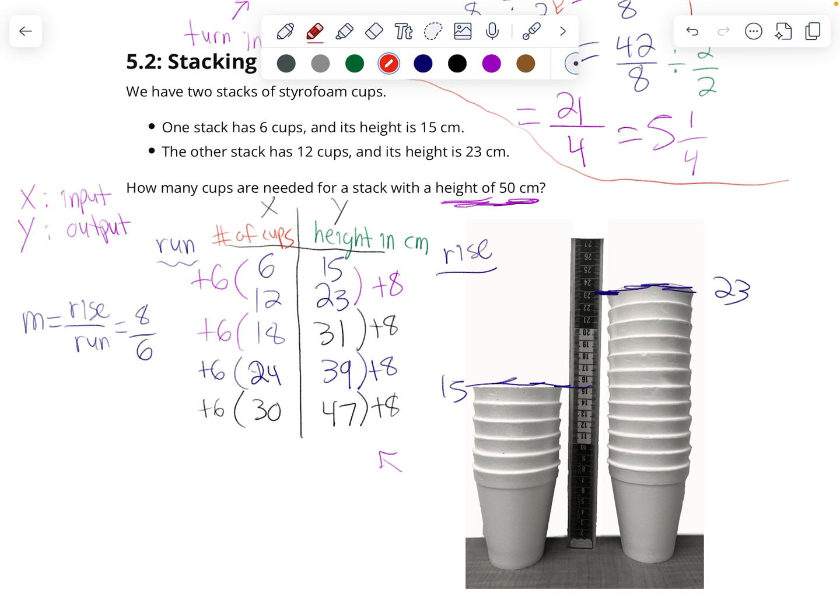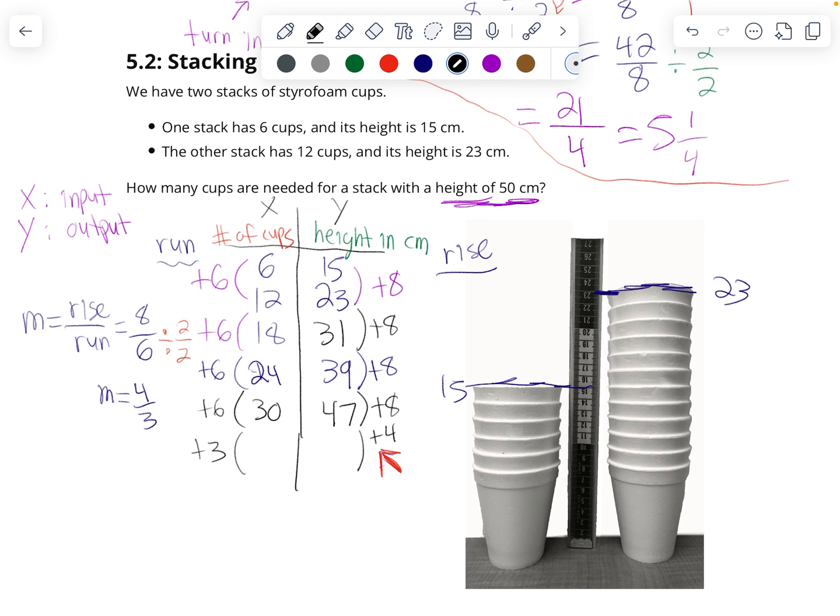If I add 8 again down here, it's going to be way too big. So let's say I divide by 2, just to problem solve a little bit. My slope is going to be 4 over 3. So that means I'm adding, for my rise, the top number, I'm going to add 4. For my run, the bottom number, I'm going to add 3.